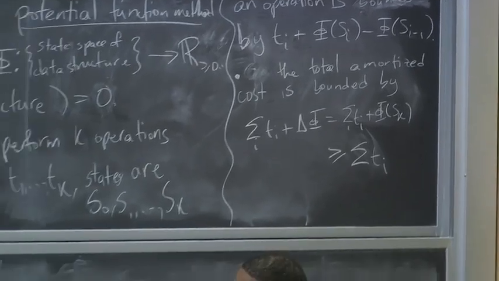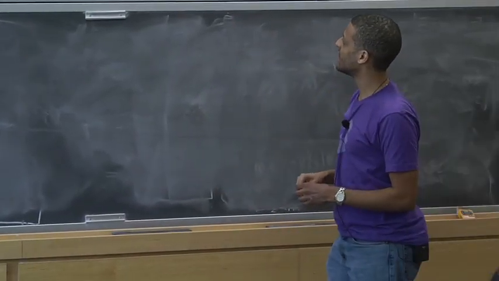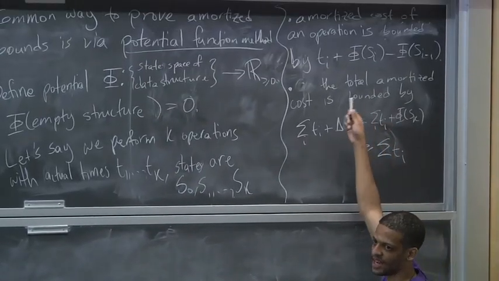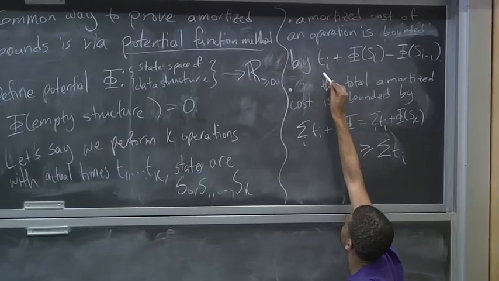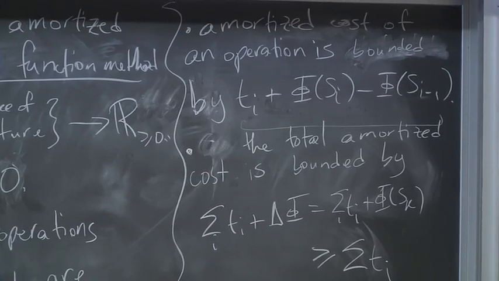So if we look at a given type of operation, like an insertion or a deletion or a search, then it's okay for us to say that the amortized cost per operation of that type is the worst case of this quantity for that type of operation.